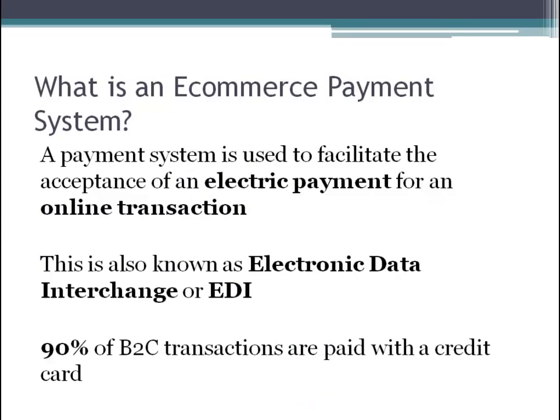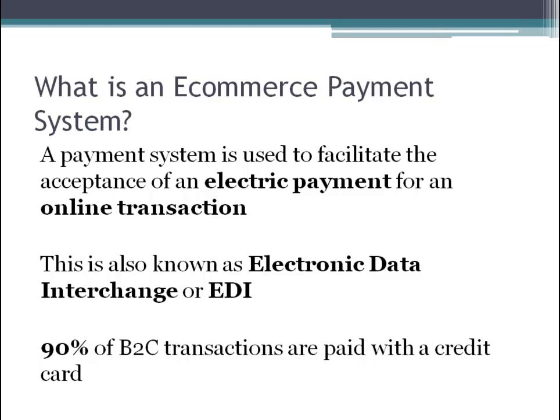So an e-commerce payment system, by definition, is a system used to facilitate the acceptance of electronic payment for an online transaction. And I'm sure most of you know that. It's also known as an EDI, or an electronic data interchange. And 90% of business-to-consumer transactions are paid with a credit card.